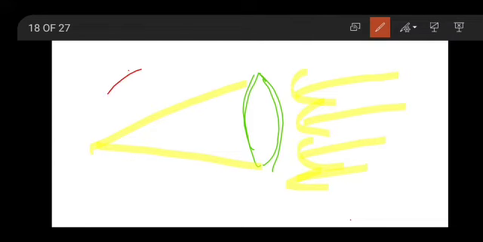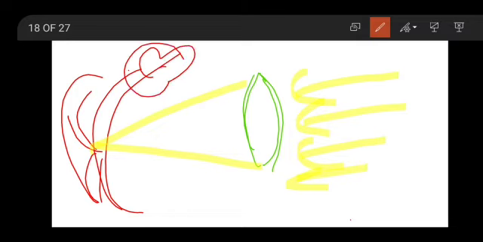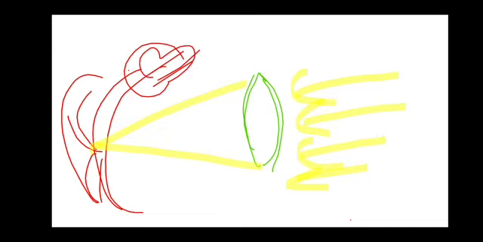There is an inner structure which is here, which is the retina. So after refracting through the lens, the light goes to the retina and we perceive the image, because here is the optic nerve which takes the signal to the brain, and our brain perceives the image. This is the refraction. So this is the first part which we read in the physiology of the eye.